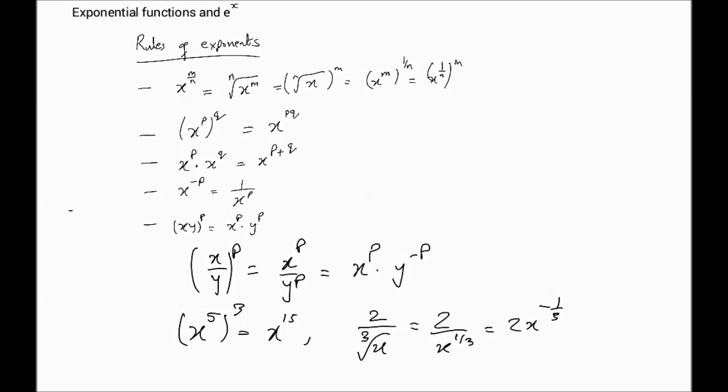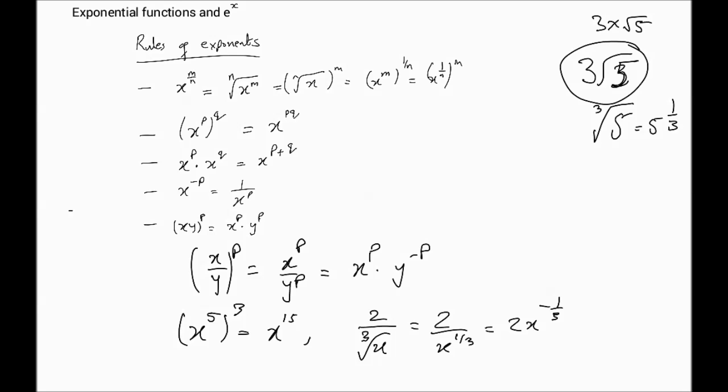Let me clarify one thing. 3 square root 5 is not the same as the third root of 5. The third root of 5 means 5 to the 1/3, while 3 square root 5 actually means 3 multiplied by root 5. So be very careful not to confuse the two things.